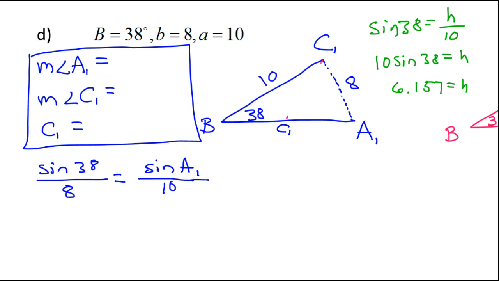To get the sine of A by itself, I need to multiply both sides by 10. That way these 10s are going to cancel each other out. That gives me the sine of A1. But I want the actual angle A1, so I need to do the inverse sine of all this.